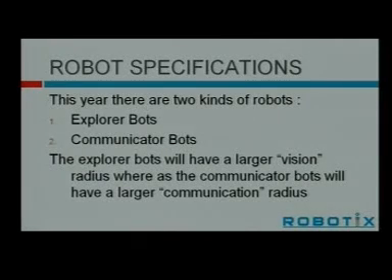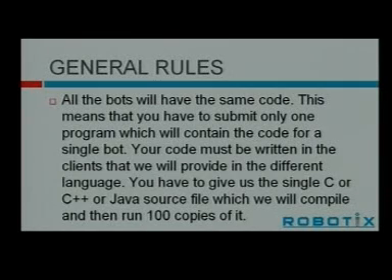Now all the robots will have the same code. You will be submitting just one code to us, and we will be compiling that code and running multiple copies of it. So all you have to do is submit one code in either C, C++ or Java. We will compile that code and run, let's say, 100 copies of it.